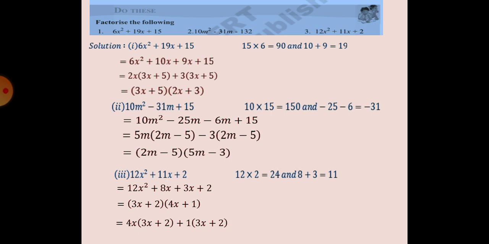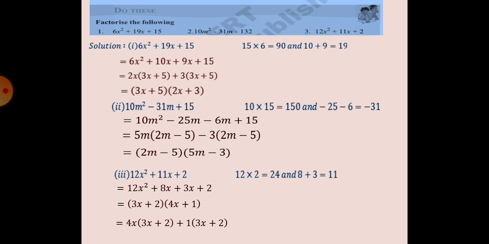Similarly, in the third and fourth terms, both the numbers 6 and 15, the common factor is 3. When I take out minus 3 common, from minus 6m it remains 2m. When we multiply minus 3 into 2m, we get minus 6m. Similarly, when we take out minus 3 common from 15, minus 5 remains inside. Thus, again now we are having two terms. 2m minus 5 is common.